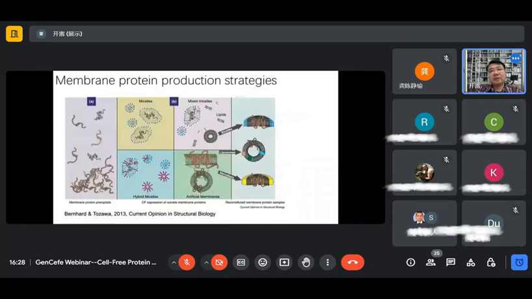Okay, after we have the first basics of how the cell-free system is set up and what it consists of, let's move directly to membrane protein production. As I said, the most challenging part of producing membrane proteins is how to get them into the right environment. Membrane proteins are always associated with or integrated into a cell membrane. And why it is so difficult compared to cytosolic proteins is that you have to provide a sufficient hydrophobic environment for overproduction.